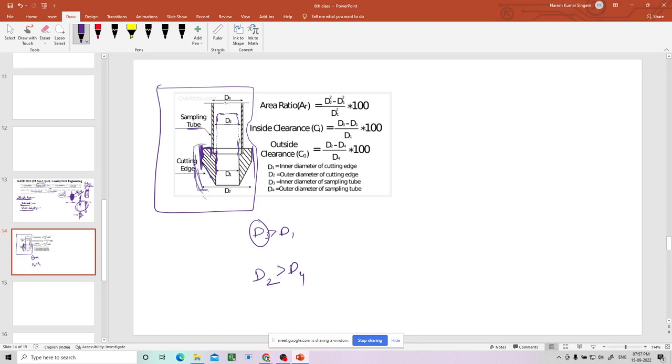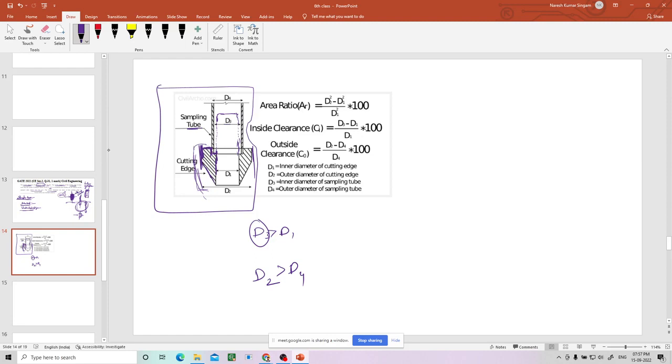This should not fall on this much. If D4 is more, again it will travel like this and the total soil gets disturbed. That disturbance of the soil will affect the sampling.